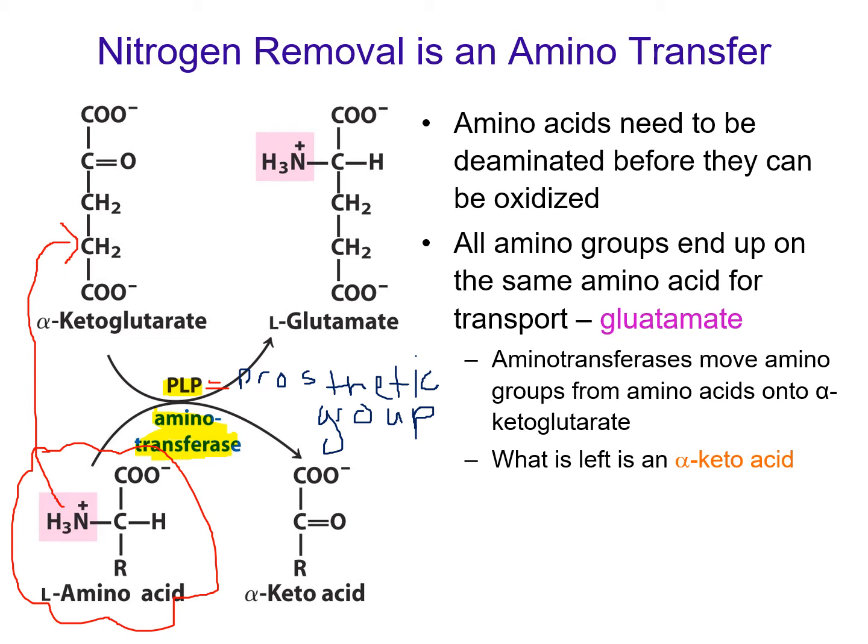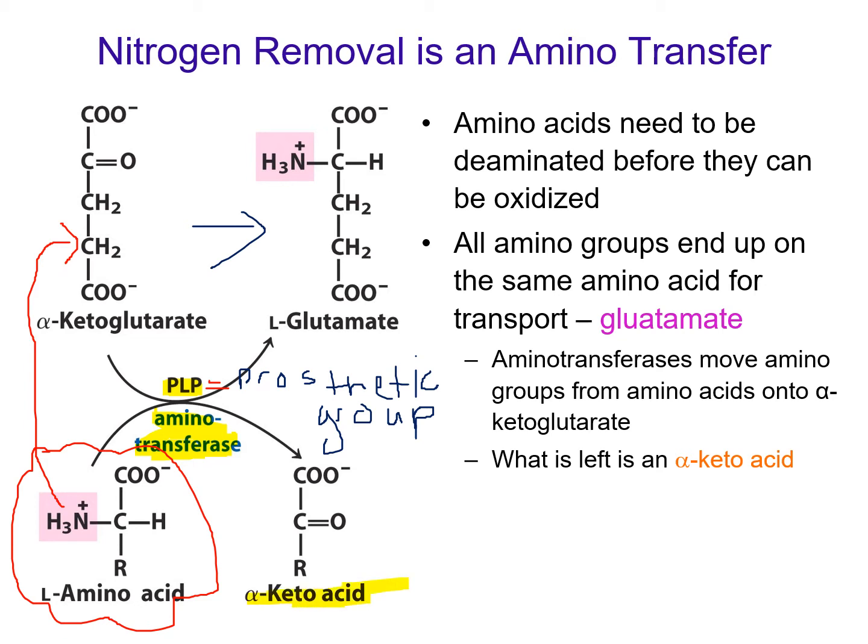And what do we get when we add an amino group to alpha-ketoglutarate? A glutamate. So we have transferred our amino group to alpha-ketoglutarate and made a glutamate. And what's left of the amino acid is the alpha-keto acid here.